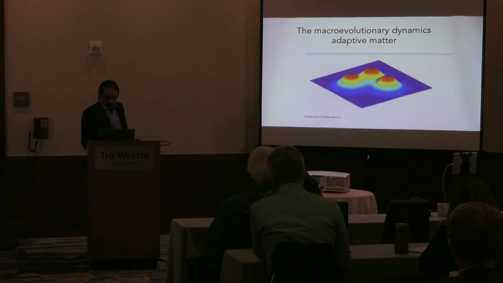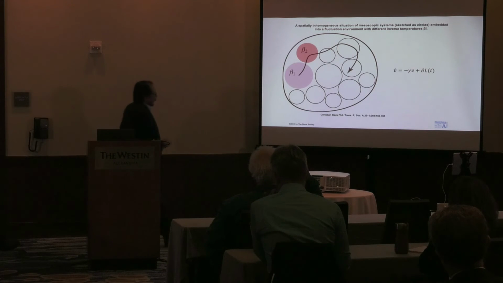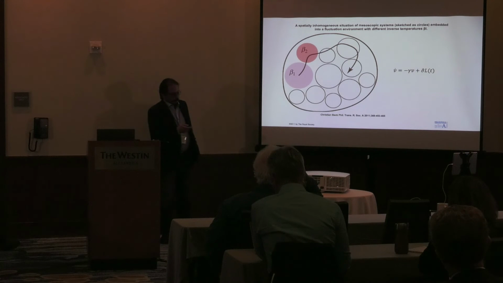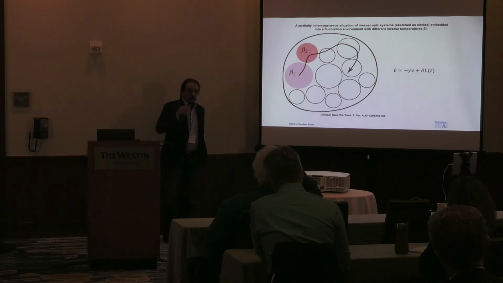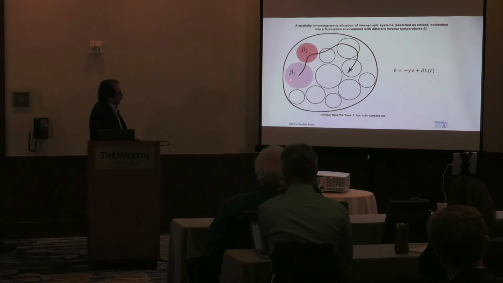And the theory we will use is called superstatistics. And basically it says that you have an ensemble of systems, each one in a local kind of equilibrium, but they interact.